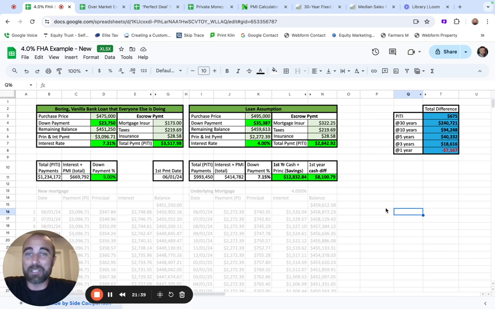And again, this is a conservative example here. There's a lot of opportunities out there that you can show even bigger savings, specifically with VA loans. And I'll show you why in a little bit. Why, if you're a veteran, we probably need to talk. But let's go back to this example here.